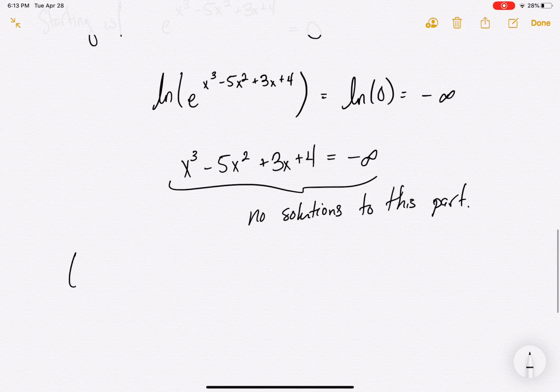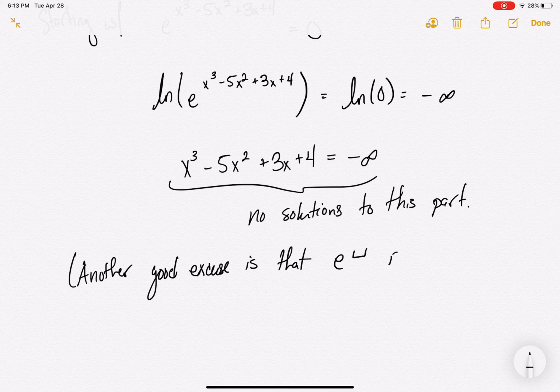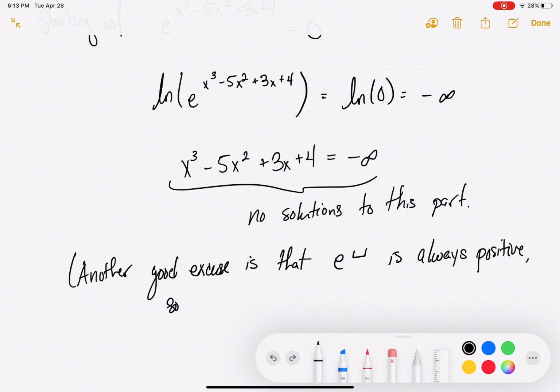Another good excuse is that e to something is always positive. So never 0 really is what I'm saying.